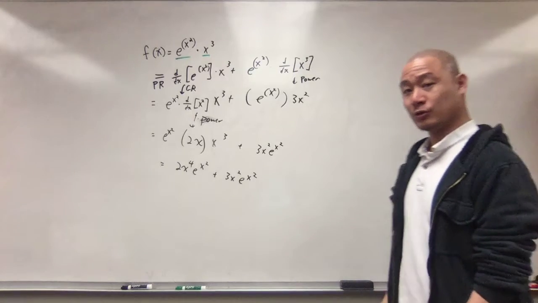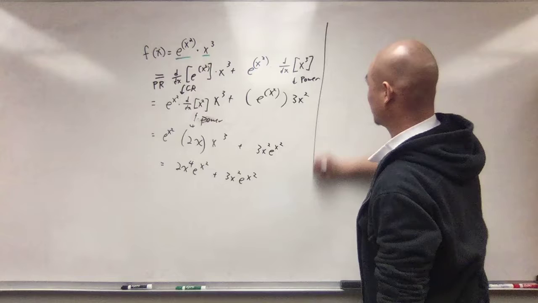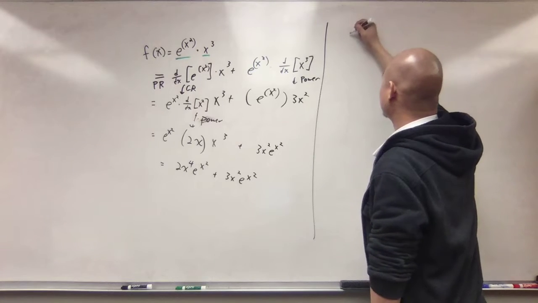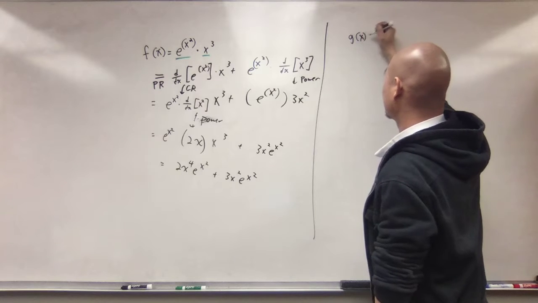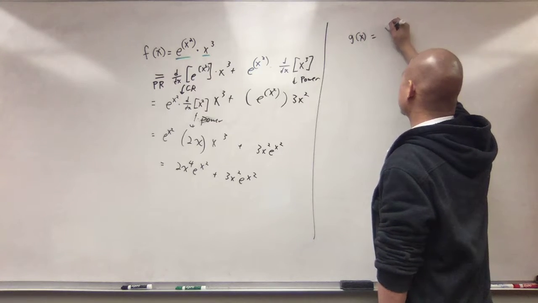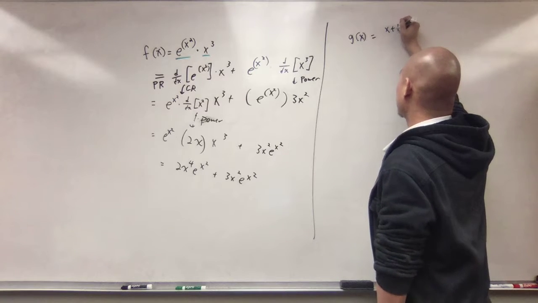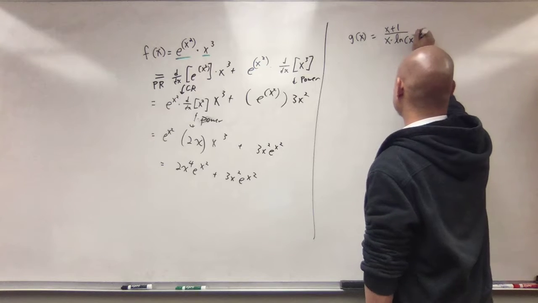Let's perhaps do one more example. Let's consider the derivative of g of x equal to, let's say, x plus 1 over x times the natural log of x.